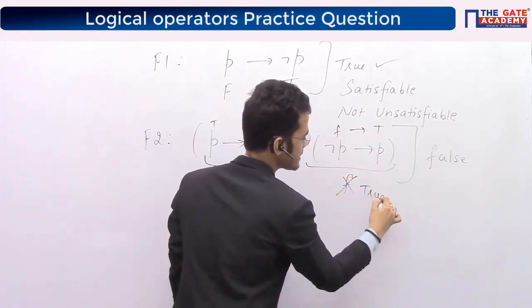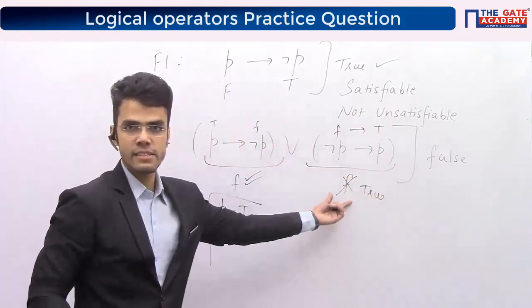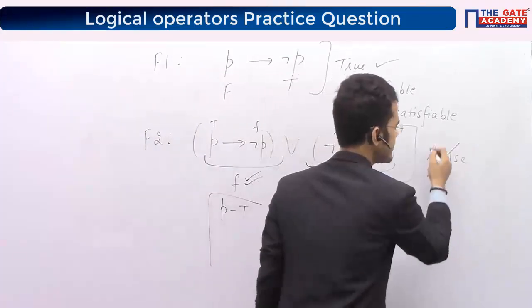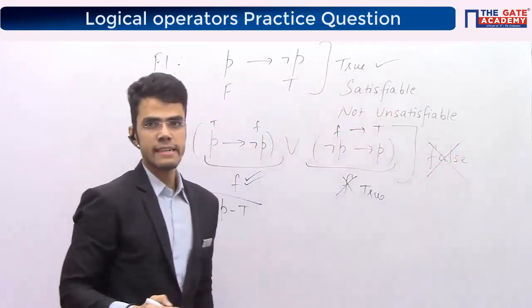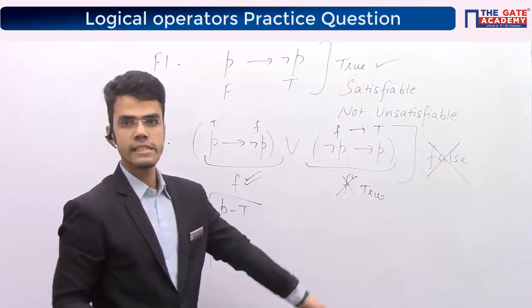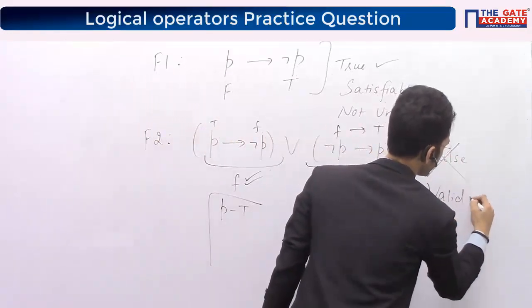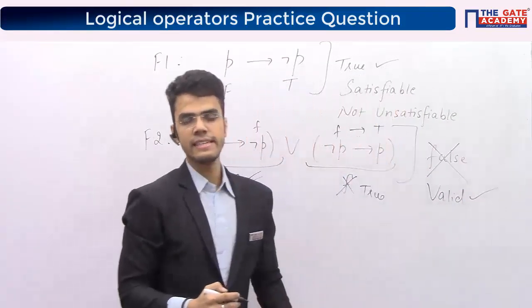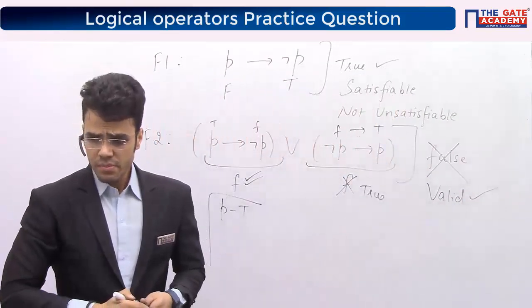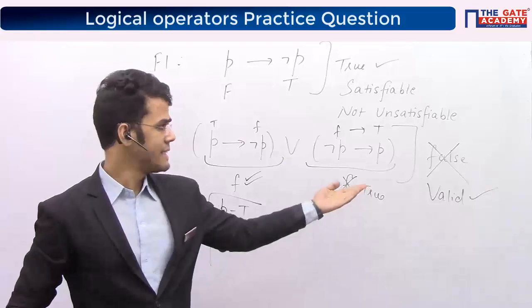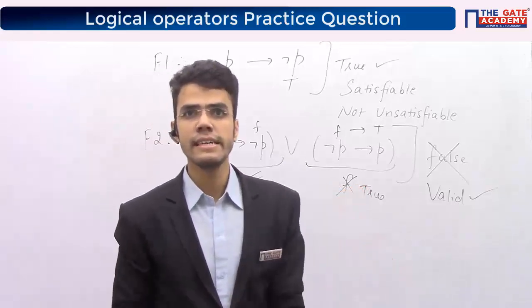So I am not getting this as false, which means I am not getting the whole expression as false. If I am not able to generate the false case, which is a unique case for all operators, I will say this is valid. This is always true.